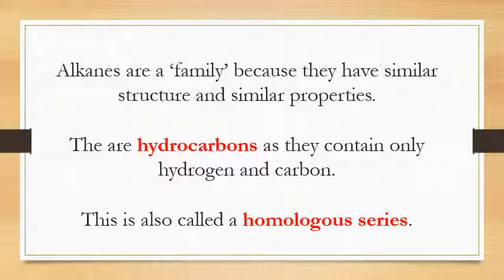They have similar chemical properties due to the fact that they have similar structures. They show a trend in physical properties and can be described by the same general formula, which for alkanes and alkenes we'll learn about more. And they differ from the next by just a CH2 unit, or a methylene unit.